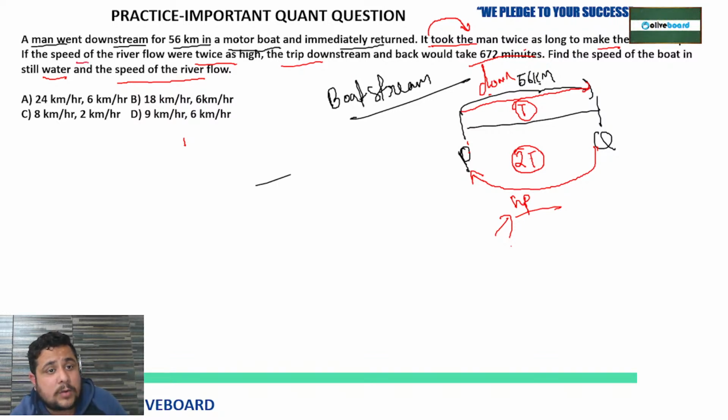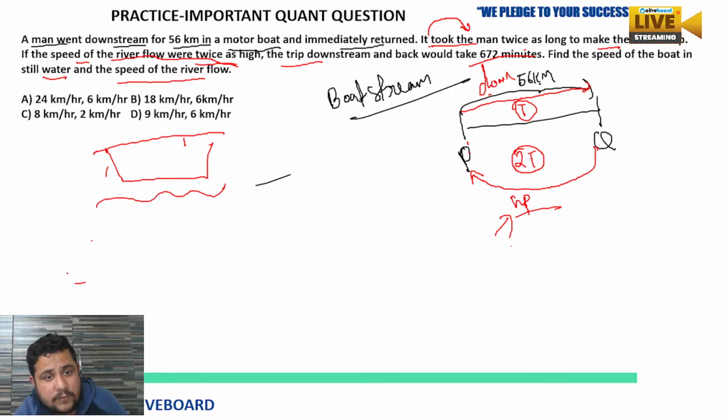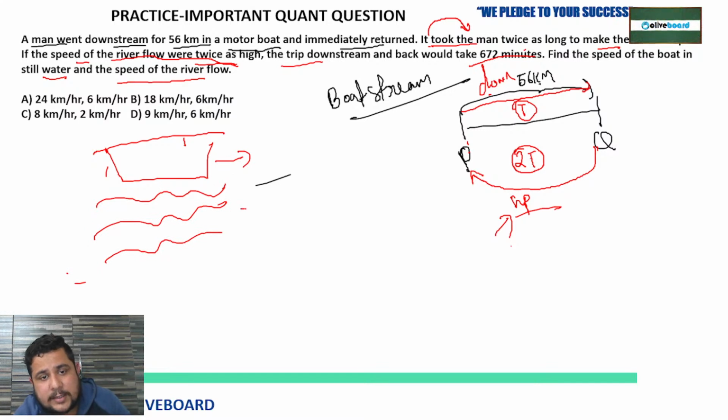If the speed of river flow were twice as high. First of all I must tell you what river flow is. For an example, this is the boat, and this is the flow of water. When boat and water are both in the same direction, that will be downstream movement.